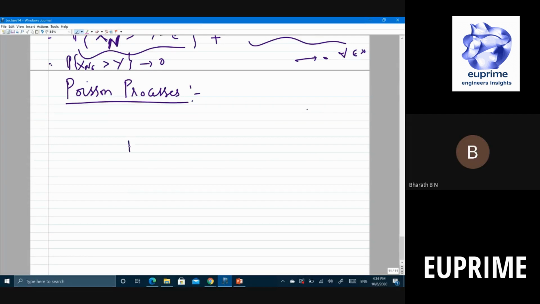This is my time axis. People are arriving at a counter at random times. For example, the first person arrives at S1, the second person arrives at S2, the third at S3, the fourth at S4, and so on. So what is Sn in general?